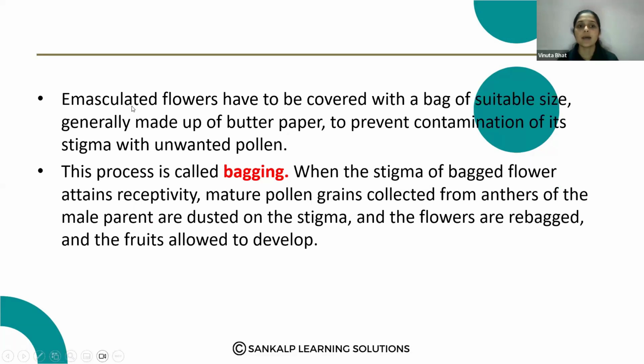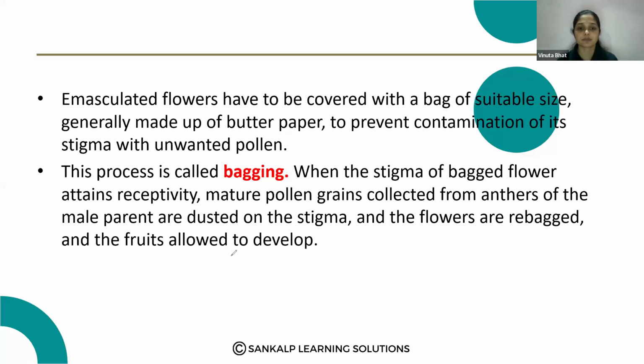Then the emasculated flowers have to be covered with a bag of suitable size, generally made up of butter paper, to prevent the contamination of the stigma from unwanted pollen. The emasculated flower, from which we have already removed the anthers, we should now bag.